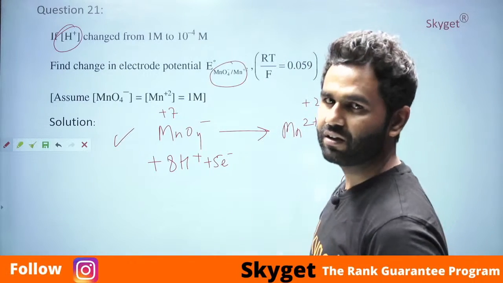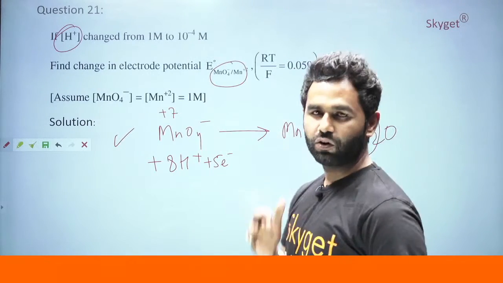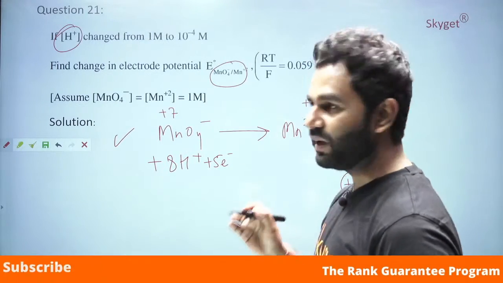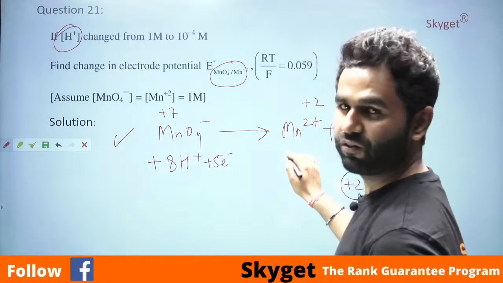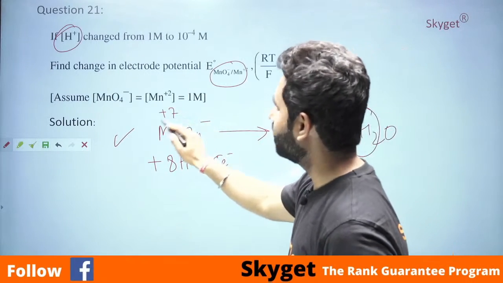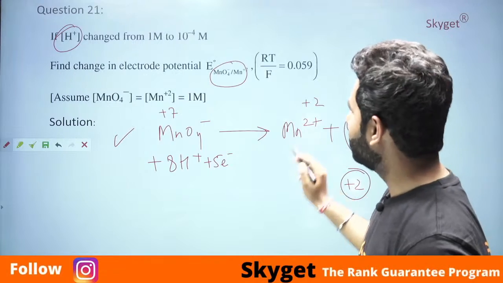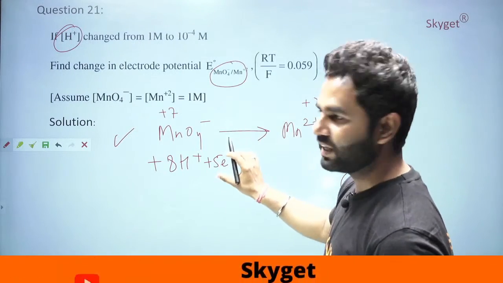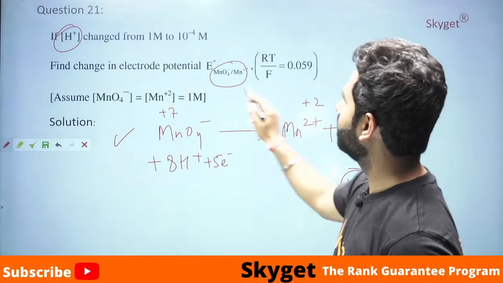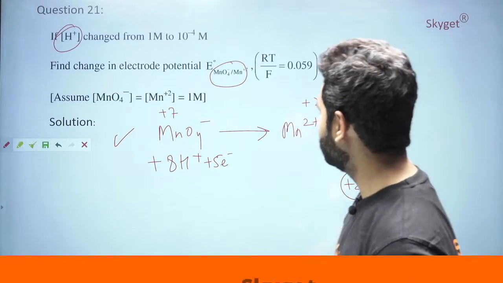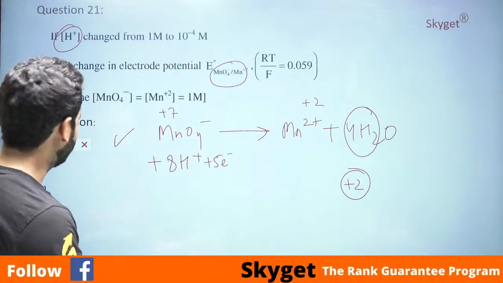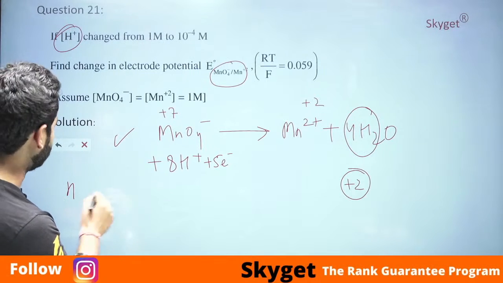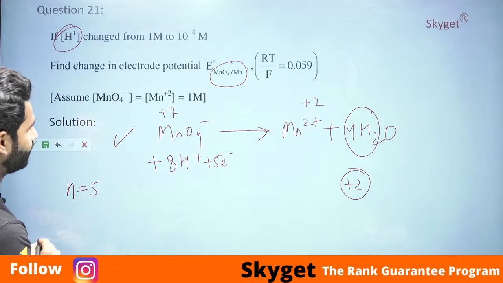Once you get to this equation, next you need to know a formula, and solving this question is a cakewalk. It means in the reduction of this ion to manganese 2 plus, 5 electrons take place. Let's denote the number of electrons that take place in the reaction as n, equal to 5.